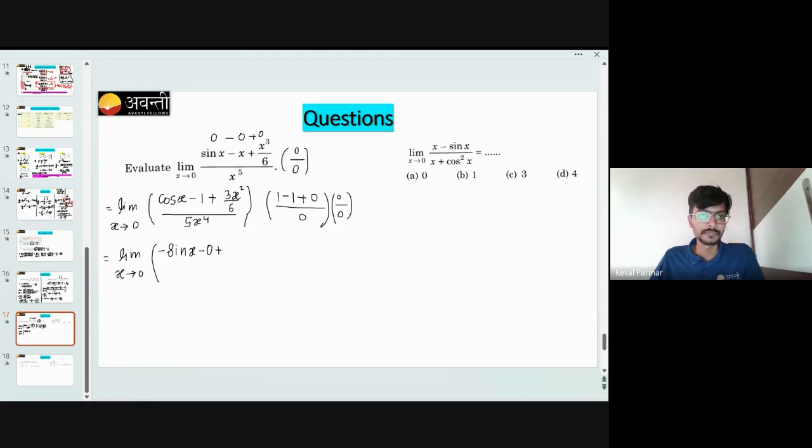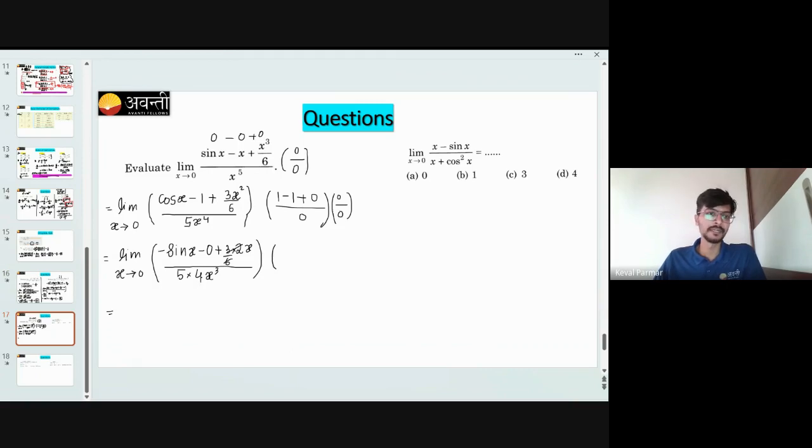Here, plus 3 upon 6 will remain as it is, as they are constants, and the derivative of x square is 2x, upon 5x raised to 4. 5 will remain as it is, and the derivative of x raised to 4 is 4x raised to 3. So if I simplify this, 3 and 6 will get cancelled. And here we can write 20.